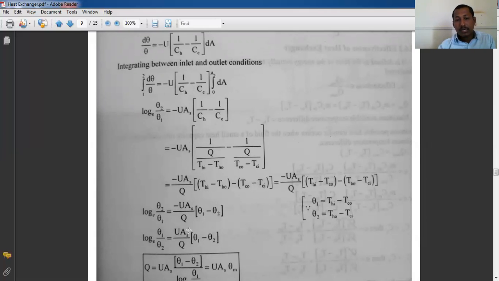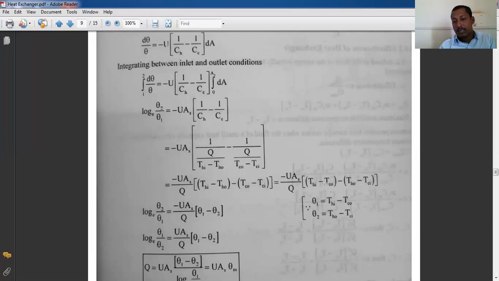Now rearranging the terms, Q you have to take on the outer side. Now whatever we have written here is minus UAs divided by Q into [(Thi minus Th naught) minus (Tc naught minus Tci)]. Rearranging the terms again, minus UAs by Q into [(Thi minus Tc naught) minus (Th naught minus Tci)].